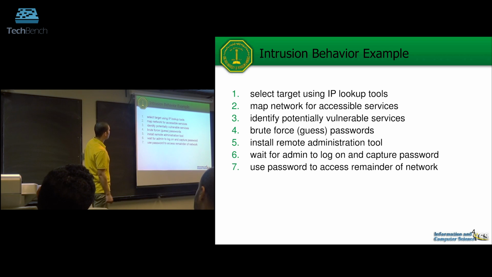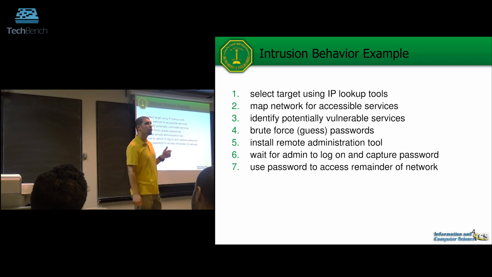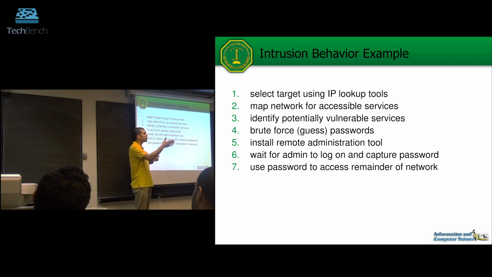What are those IP lookup tools? The local DNS cache? No. Network map. Network map can be, he is trying to choose a target, a victim, by scan. Map network for accessible services, that's a bit different.